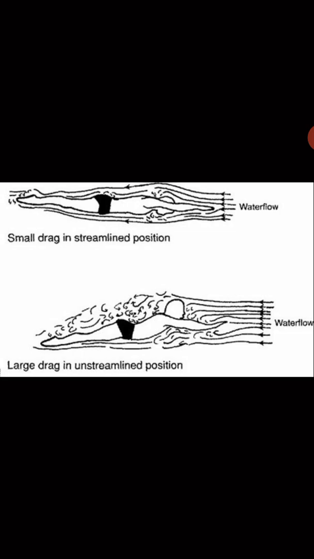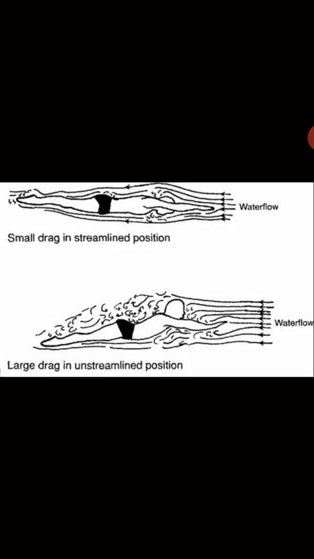As soon as he makes his position streamlined, water resistance will become less. Another name for air resistance and water resistance is drag. In the first image, it's written there is small drag in streamlined position. So in this position, the person can swim faster.